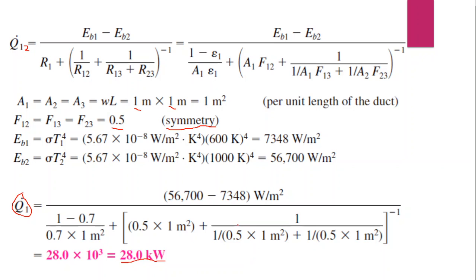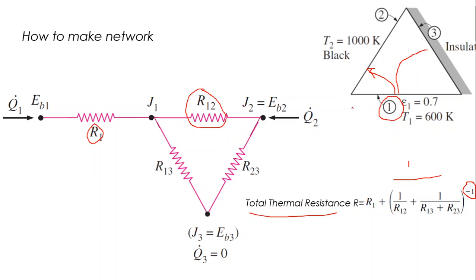So what we have to do? This 28 kilowatt of energy is getting transferred from 1 to 2 or 2 to 1, whatever it is. That amount of heat should constantly be transferred, then only will this whole system remain in steady state.